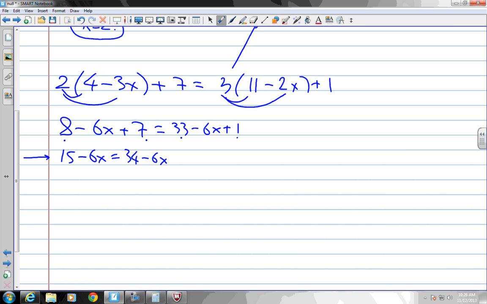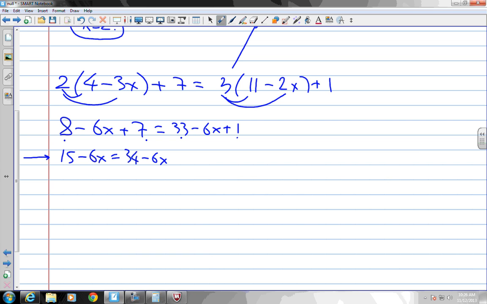From the point of view of graphing, they both have the same slope, -6, but different y-intercepts, right? Now, we know that if lines have the same slope, they're parallel. So you're going to have two parallel lines. One crosses the y-axis at 15, one crosses the y-axis at 34. They'll never intersect. So this will have no solutions.